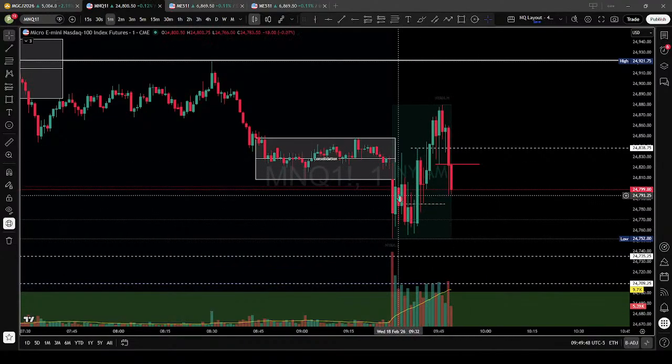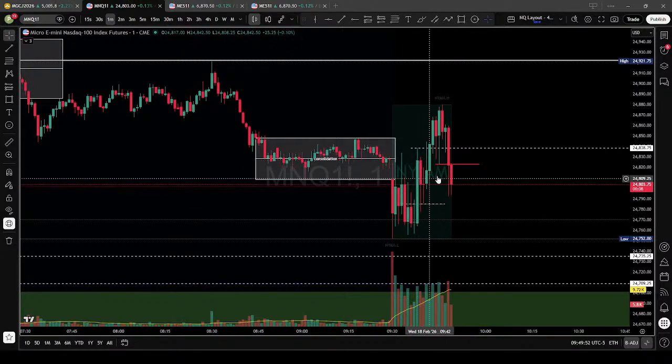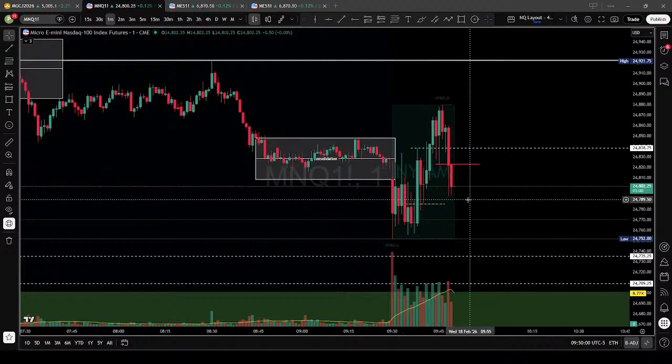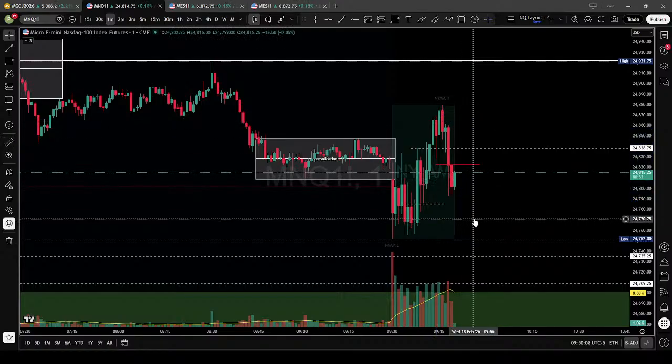It's too choppy. Price is just ranging. It might move for 1 minute and then start chopping again for a couple of minutes. Not a good day to trade. I've already scalped one entry here as I showed, 1:2.5. I scalped about 78 points, which should be good.